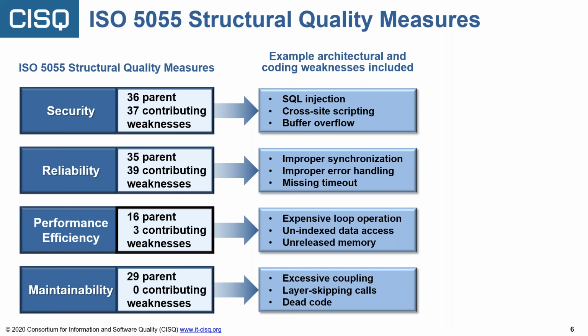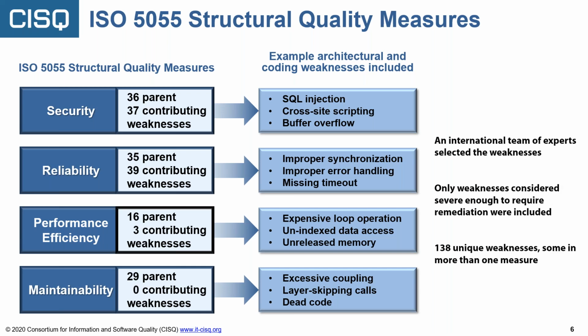So there's 138 unique weaknesses, some of which may appear in several different quality characteristics. These were built by an international team of experts working with CISQ. We had meetings in the U.S. and Europe and India where people would get together and start putting together lists of weaknesses that they felt ought to be incorporated because they were severe.